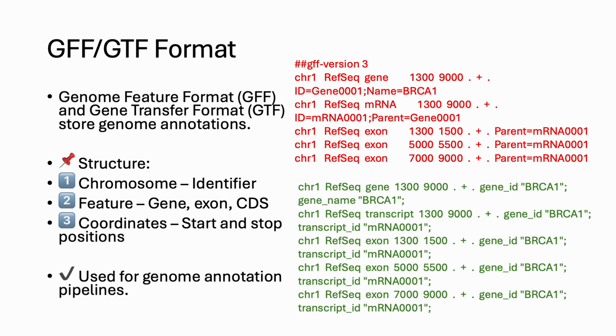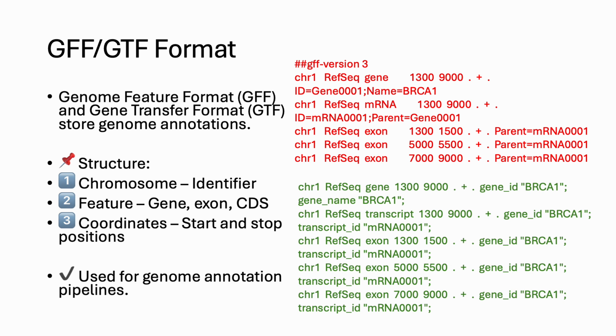The key difference between GFF and GTF is that GTF uses quotes, and GTF explicitly defines gene ID and transcript ID. GFF is more flexible, while GTF has a stricter data format. A very good annotation format for RNA studies.